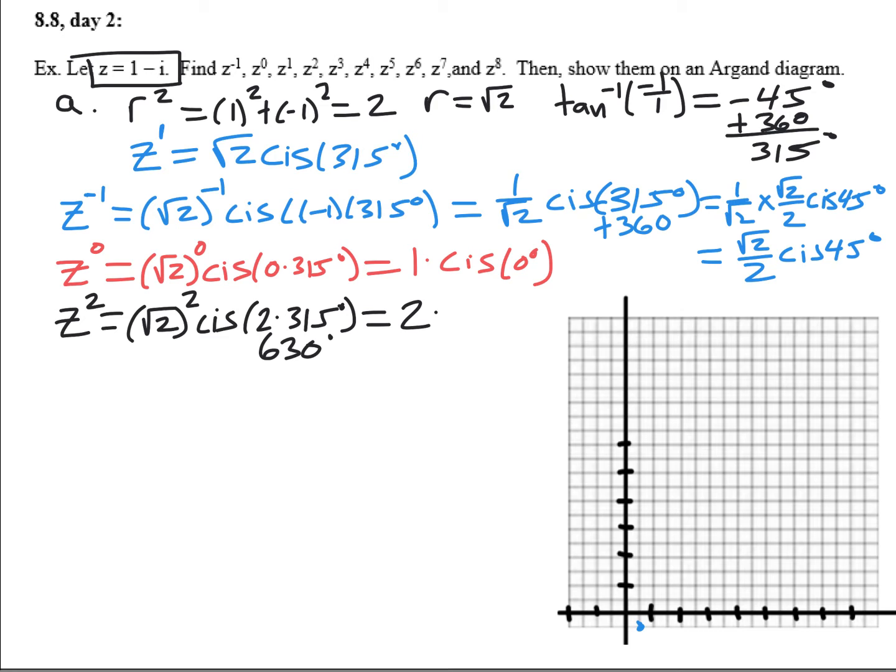We'll subtract 360 and get it back to 270, right? Because our angle that we give needs to be between 0 and 360 for our final answer. All right, keep cruising here. Square root 2 to the 3rd power.